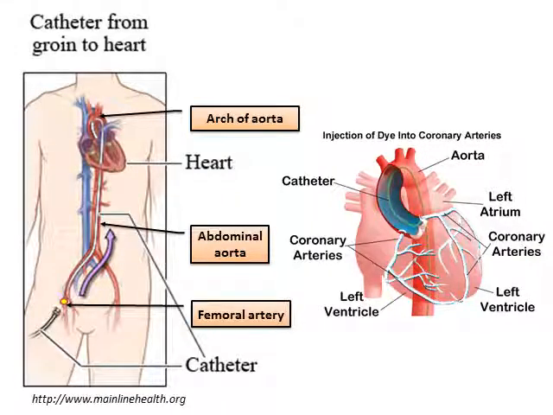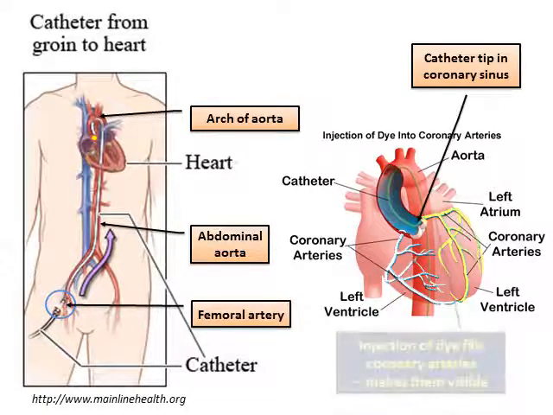The procedure for coronary angiography involves catheterization, coronary catheterization. In this, a catheter is passed into the femoral artery and guided up into the aorta, the abdominal and thoracic aorta, into the aortic arch in such a way that the tip of the catheter comes to rest in the coronary sinus.